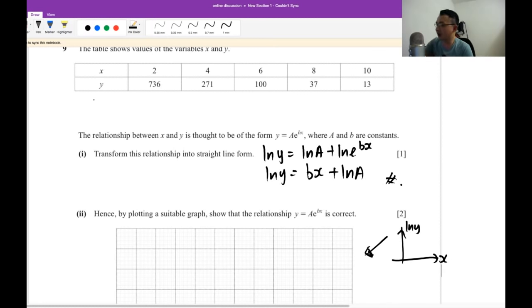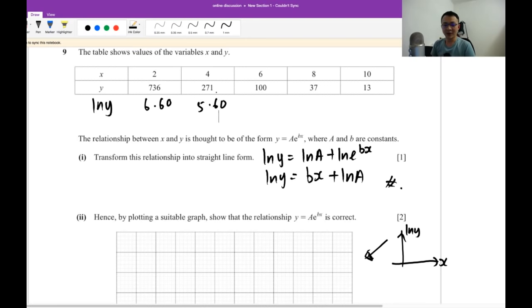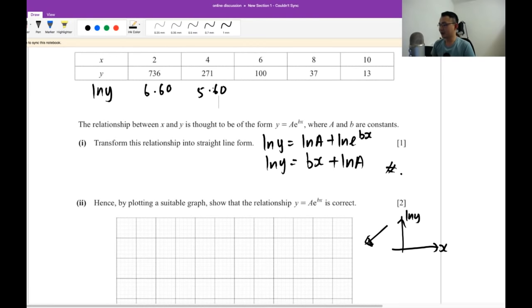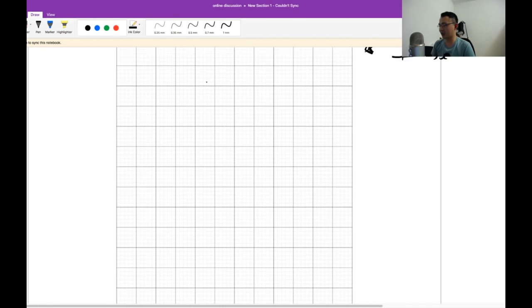But you don't have ln y, so you need to take ln of all these values. For example, ln 736, you basically get 6.60, and then ln 271 you get 5.60 and so on. You draw this table yourself, then estimate the range and plot it, and it will be a straight line.